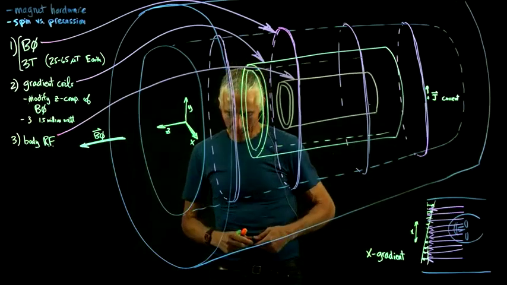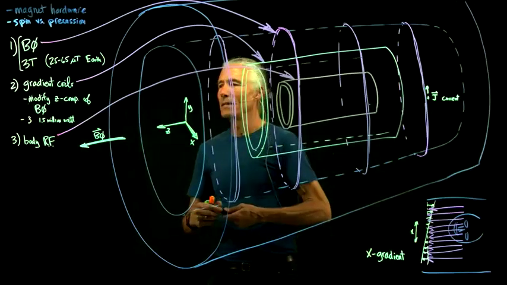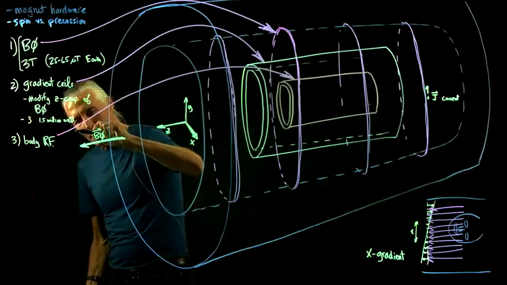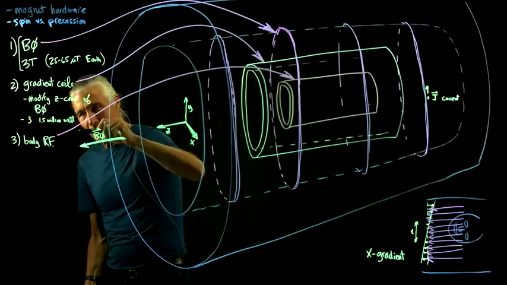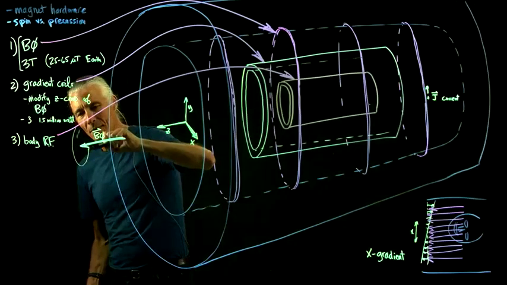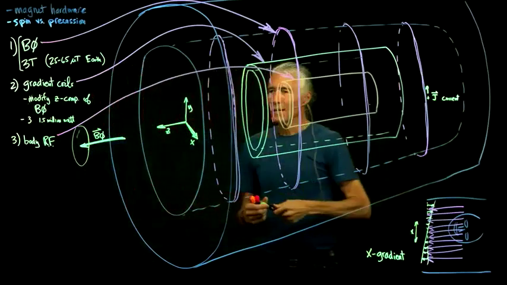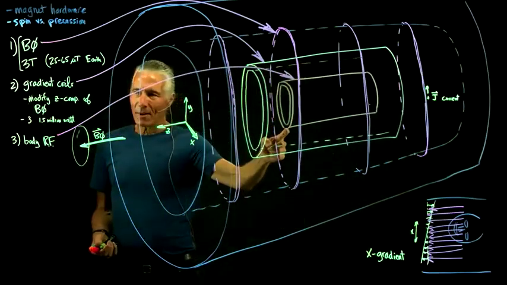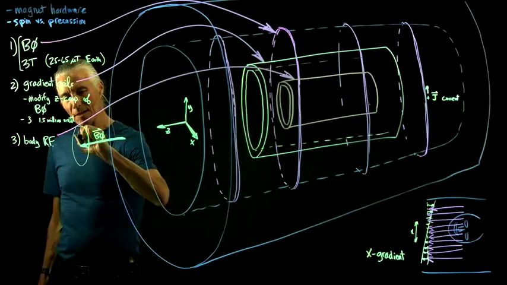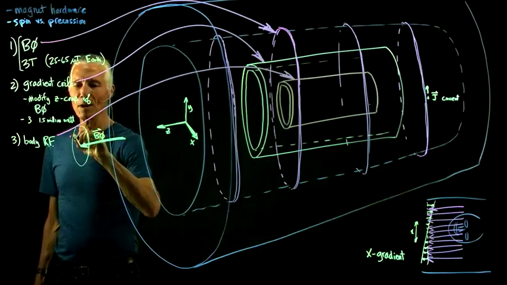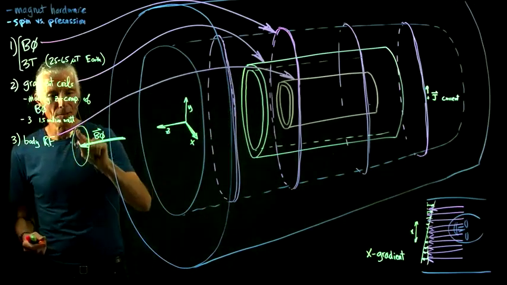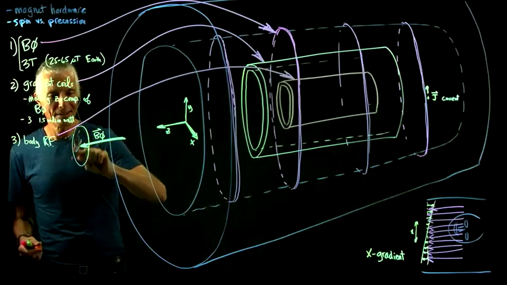So what does that look like? I'll draw it out here. Here's the B0 field, and I'm exaggerating it, the effect isn't as big, but in order to be able to see it, let's make it bigger like that. What the RF coil does is it makes a rapidly rotating magnetic field somewhere along this circle. Let me draw it down a little bit so I can annotate it more easily.